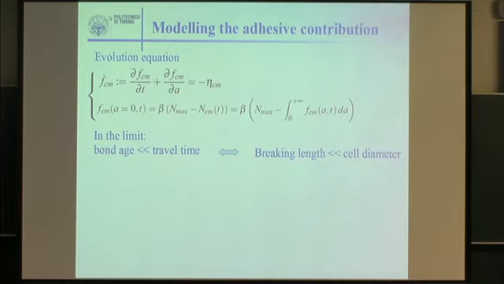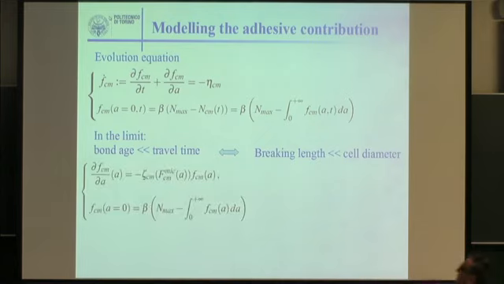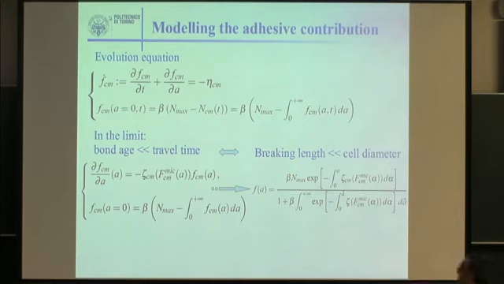I mean, you cannot have a bond that is 10 microns long, okay? So if you do that, this means that one can drop this time derivative and end up with an equation that is, in some sense, solvable. I don't want to say that it's easy to solve, but it's more or less an ODE. It can be done. So this gives you the distribution of bonds in a quasi-static situation.